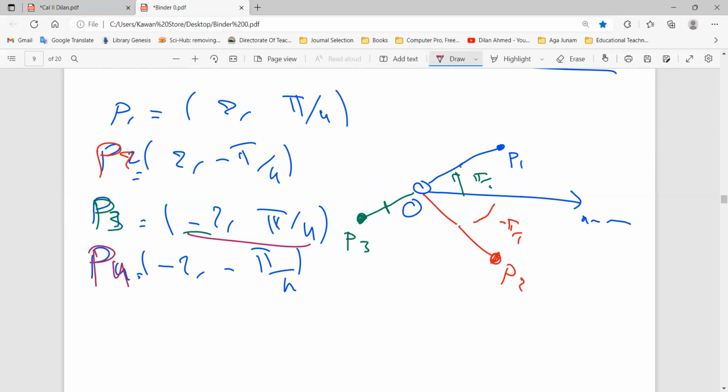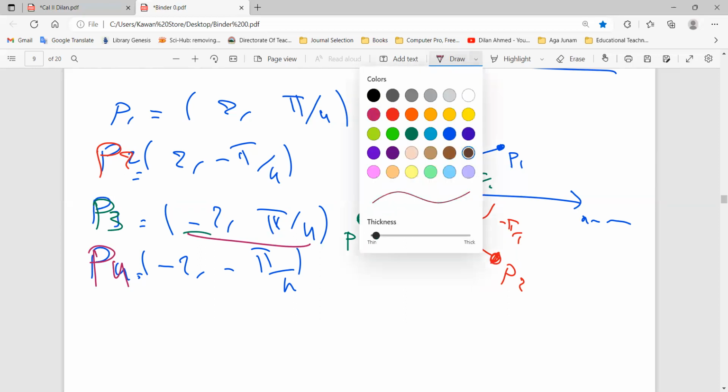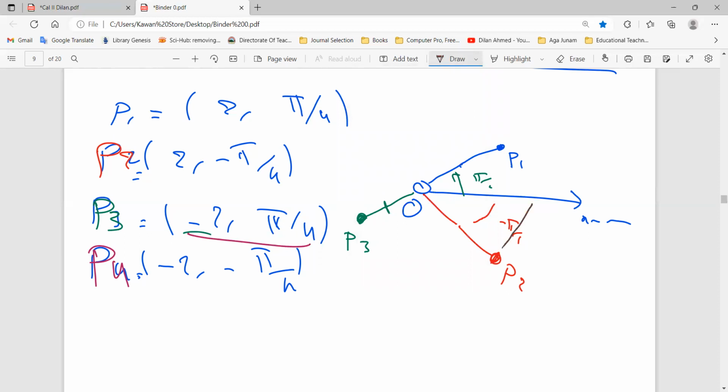Now, how about minus pi over 4, minus 2? First of all, the angle. Let me change to the brown. This is minus pi over 4 in my mind. And minus 2, this is the angle. Minus is going to be 1, 2. So that's P4. You got it?